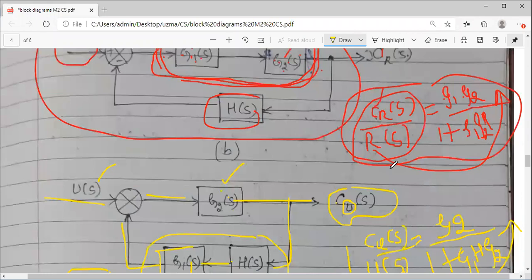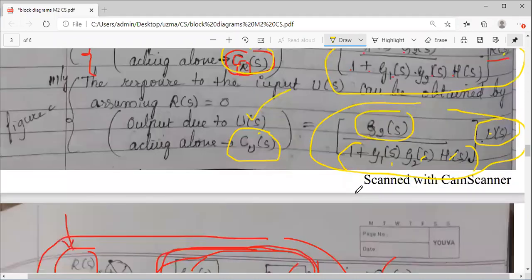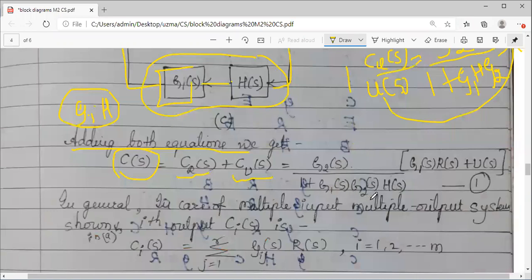If I add these two, this is one equation and this is the second equation. You can see the denominator bracket is common to both. So some common terms I have taken out. See, G2 and this term are common.